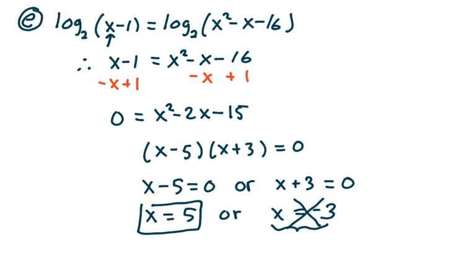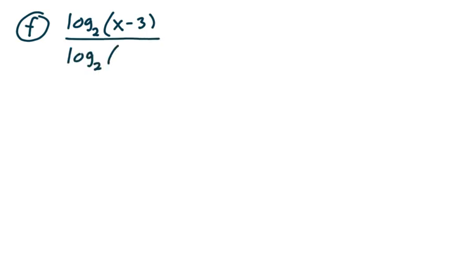Let's take a look at F. So suppose I had log base 2 of x minus 3 divided by log base 2 of x squared minus 3 on the left side. On the right side, I get a half. So would you guys be okay if I cross multiply?